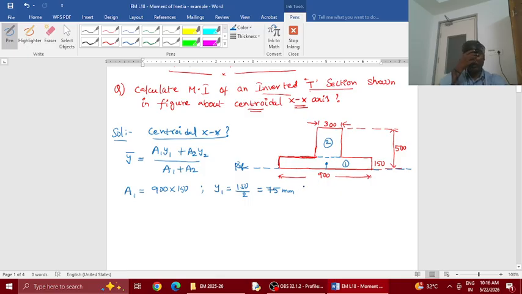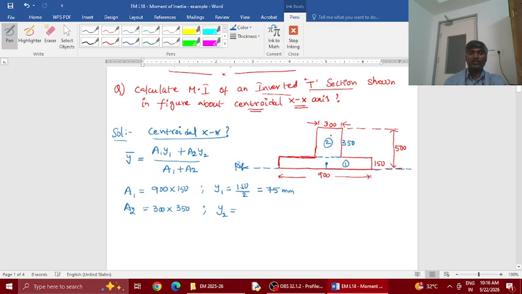Now the second area. You see the width of this stem here is 300. The total depth is 500 and this is 150, so the depth of the stem works out to 350 mm. So the area of that rectangle is 300 into 350. Then what is the y2 value?